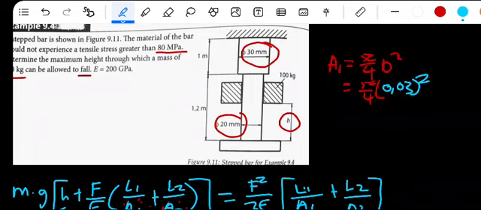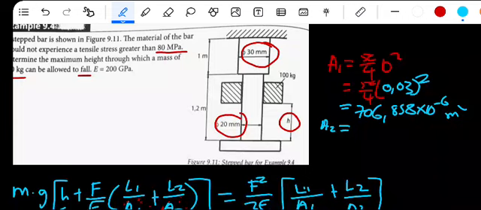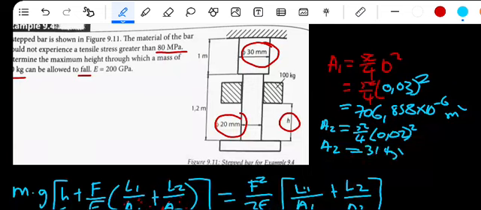We square this, which gives us 706.858 times 10 to the power of minus 6 meters squared. Then area 2 is pi over 4 times d squared, where d is 0.02, the diameter there. We square this, and area 2 must be 314.159 times 10 to the power of minus 6 meters squared.